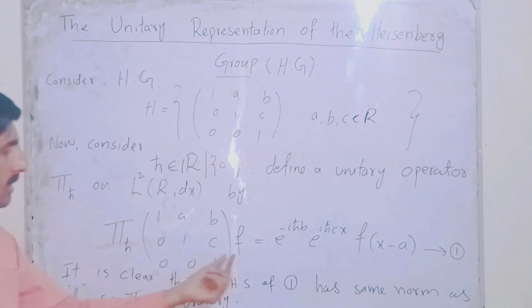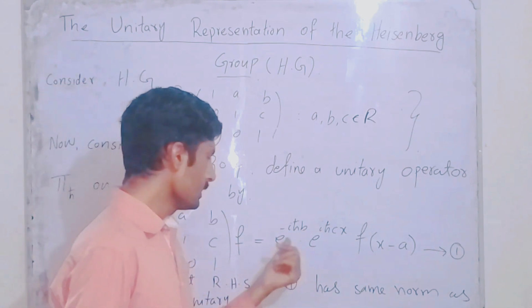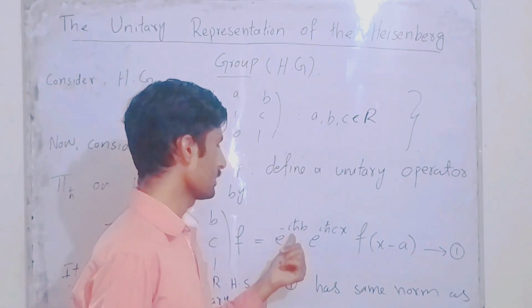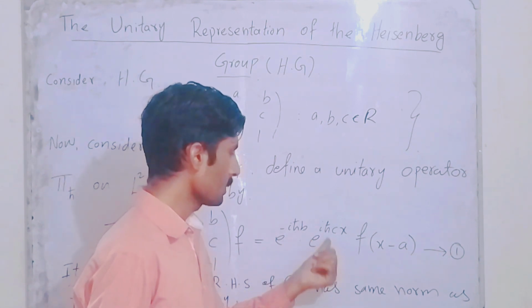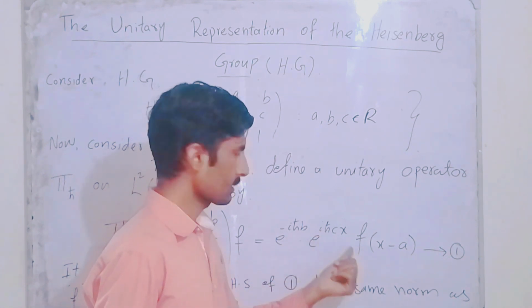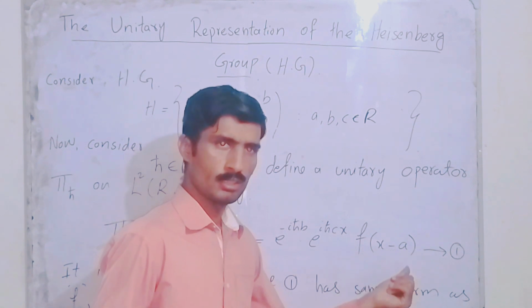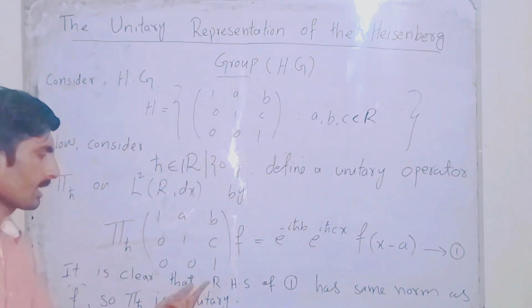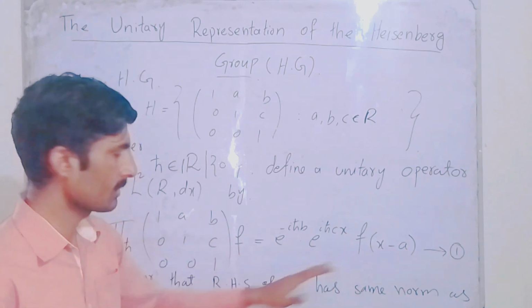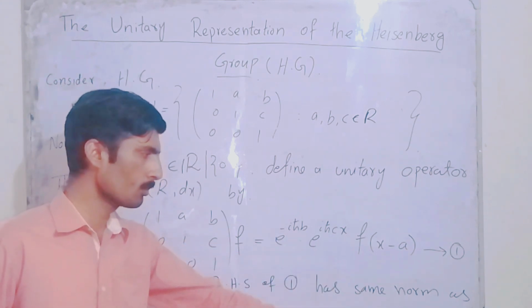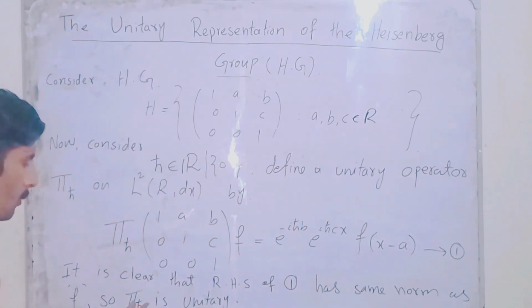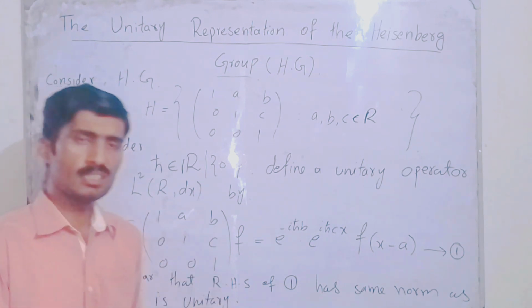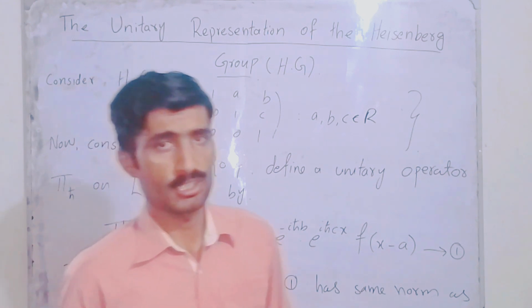Applied to f, the 3 by 3 matrix gives e to the power minus i h b, times e to the power i h c x, times f of x minus a, and this is equation number 1. It is clear that the right hand side of equation 1 has the same norm as f, so pi_h is unitary, right? So this is a unitary representation of the Heisenberg group.